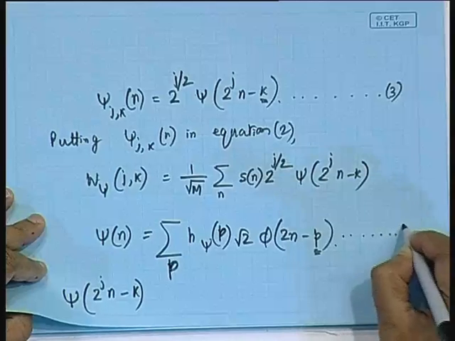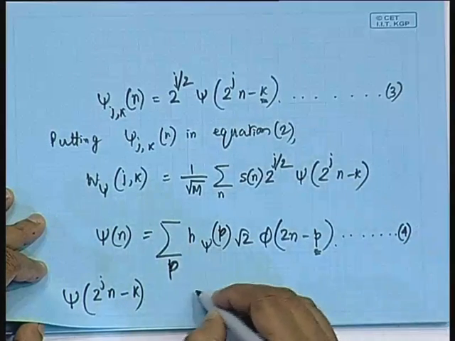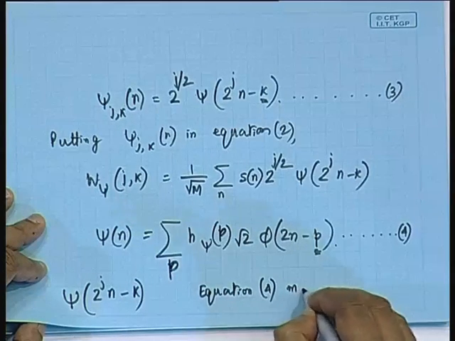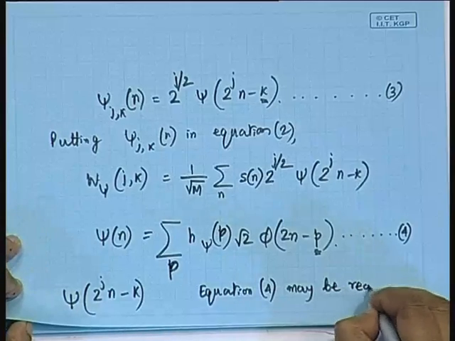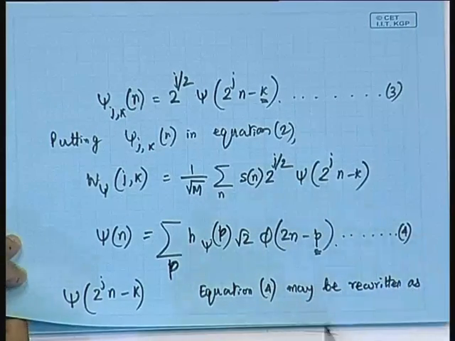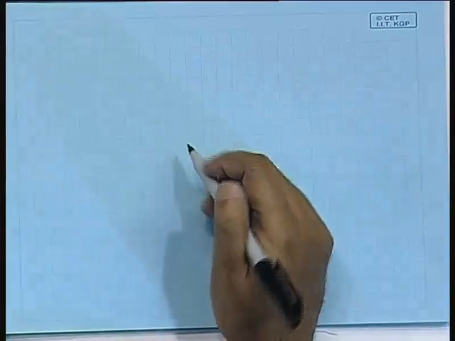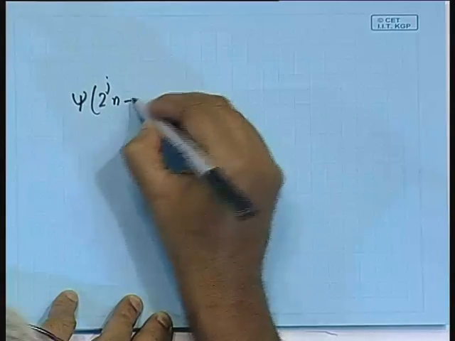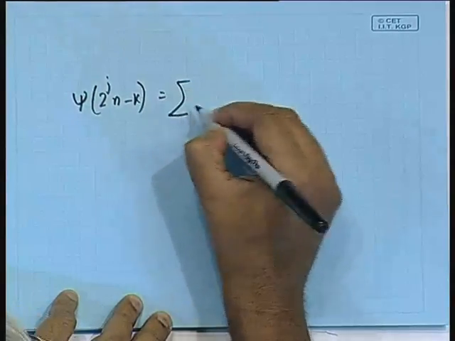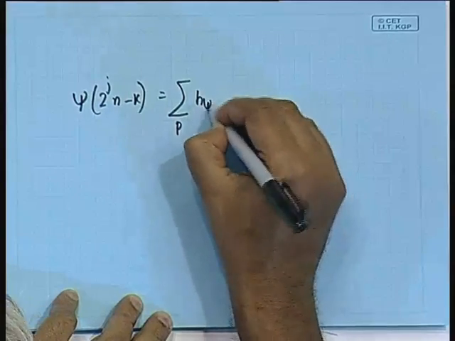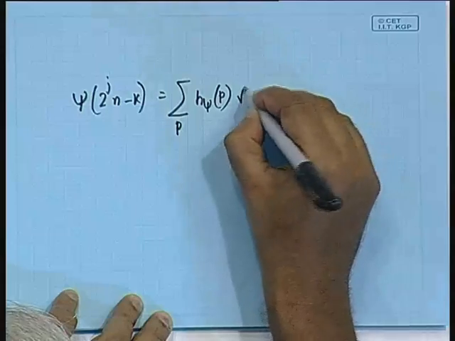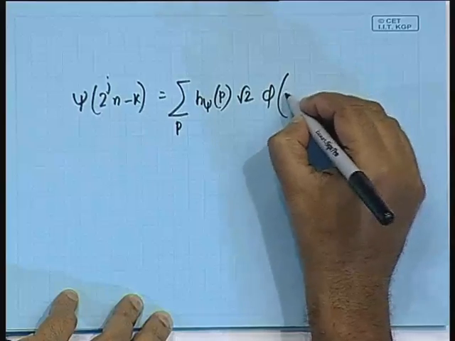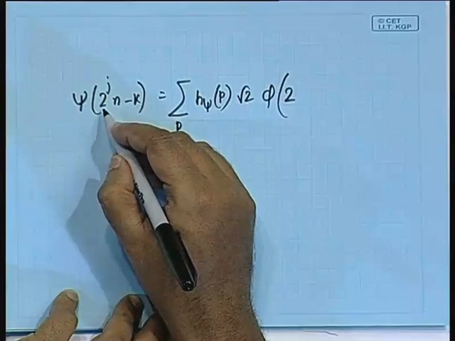So, if I say that this is equation 4, then equation 4 may be rewritten as psi of 2 to the power j n minus k equals summation over p of h psi of p, root 2 phi of 2 into, this is not n anymore, n is replaced by 2 to the power j n minus k.